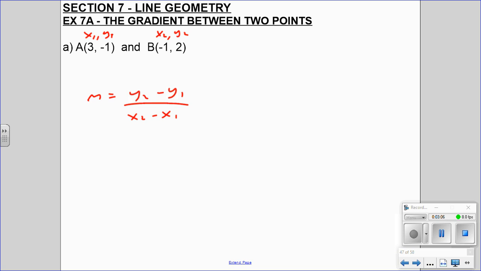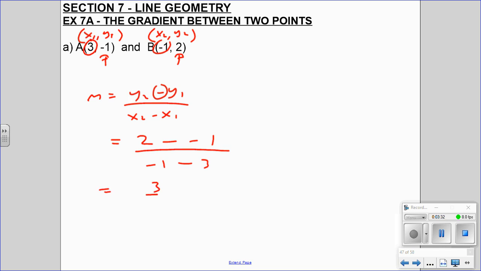So which coordinate is your x1 and y1 and your x2 and y2? And then just be consistent with it and follow the formula, because you'll see with exactly the same numbers that the formula works in the same way. So if y2 is 2, 2 take, always minus, remember, minus 1, all over minus 1 take 3. So this is 3 over minus 4, so that's minus 3/4.